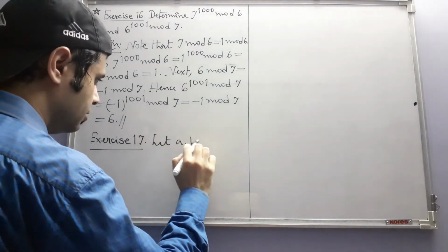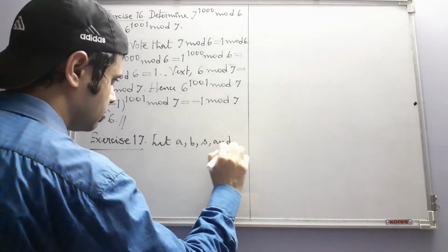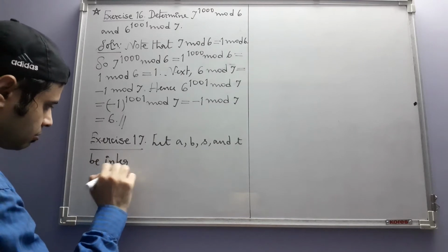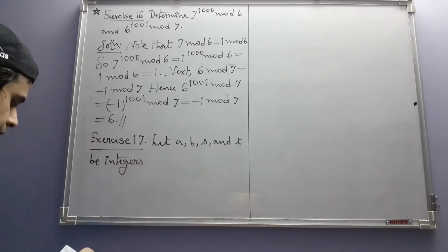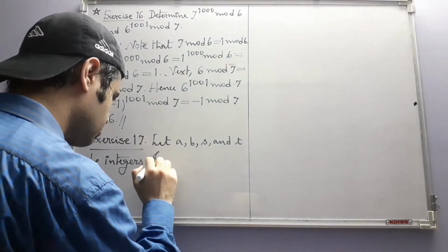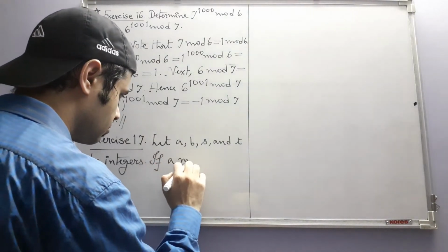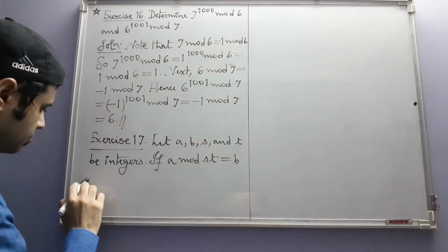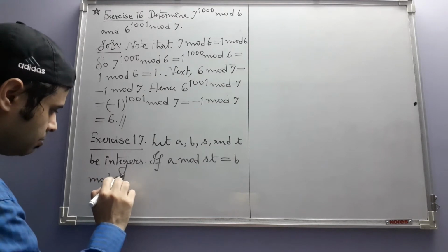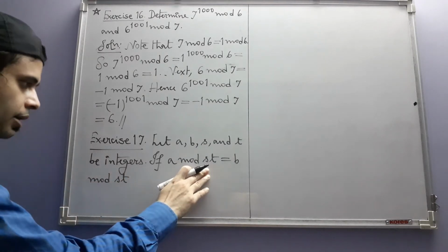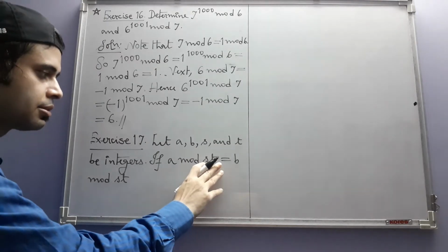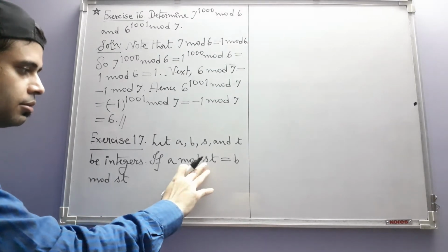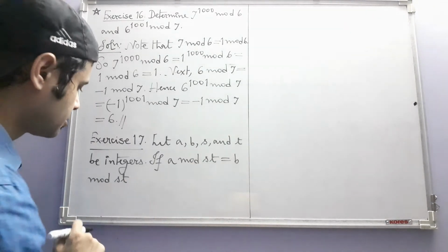Let A, B, S and T be integers. If A mod ST is equal to B mod ST, since we are writing modulo ST, that means S and T both have to be non-zero integers because we cannot have zero modulus.